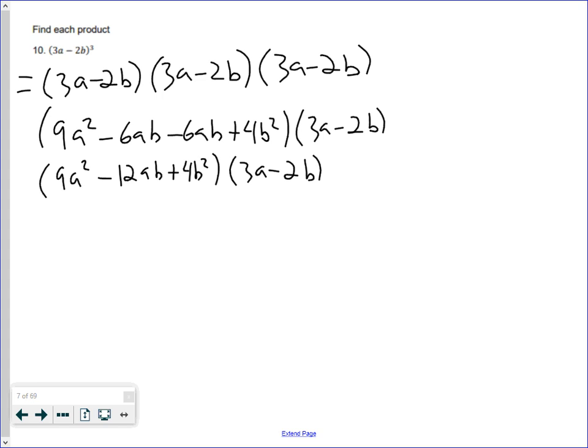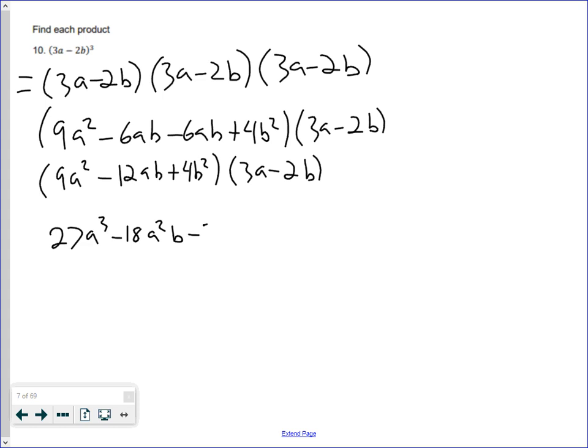So 9a squared, we distribute it out to 3a and negative 2b. When you do, you get 27a cubed minus 18a squared b. We're going to do the same thing with negative 12ab, distributing it out to 3a and negative 2b.